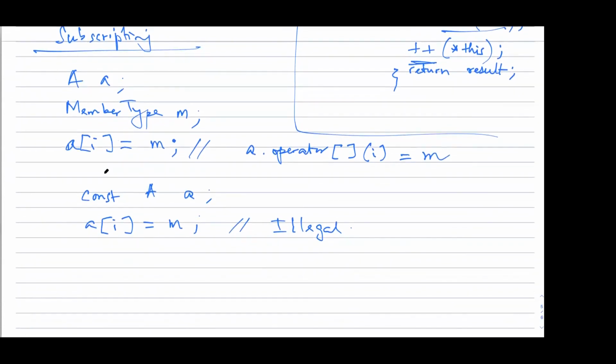Okay, so now let's see how the signature would look like for this. This is the last one I'm showing of how operator overloading looks like.